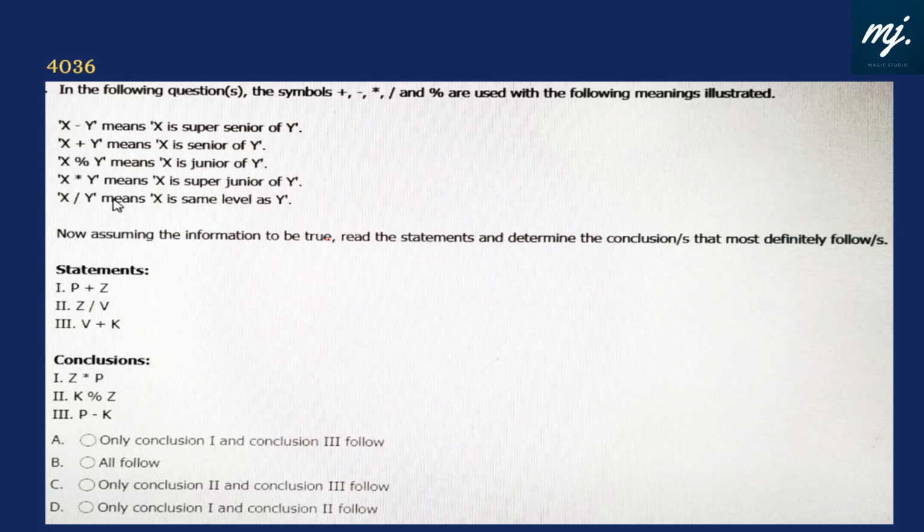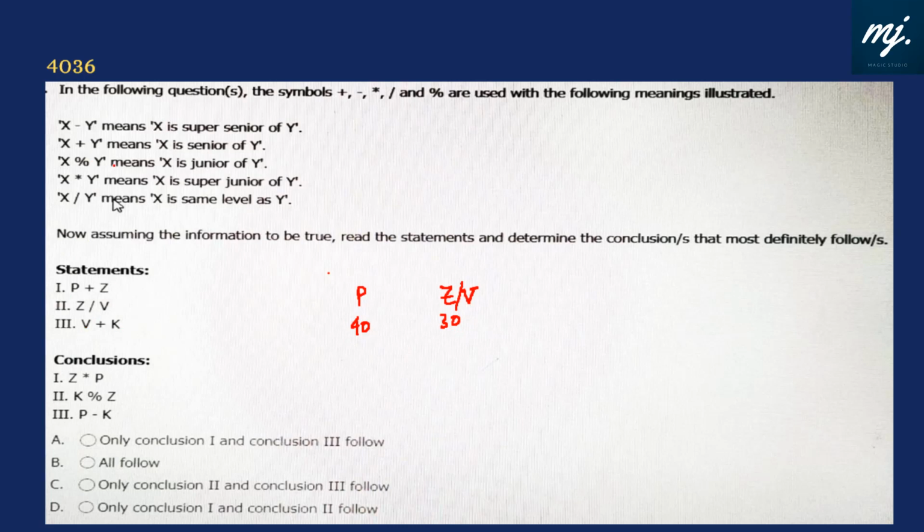that most definitely follows. P plus Z, plus means P is senior of Z. That means if P is, suppose, 40 years, Z is 30 years. I'm just assuming P is senior to Z. Z by V. Z is at the same level as V. So Z and V are at the same point, same level, so they are at the same level of 30.